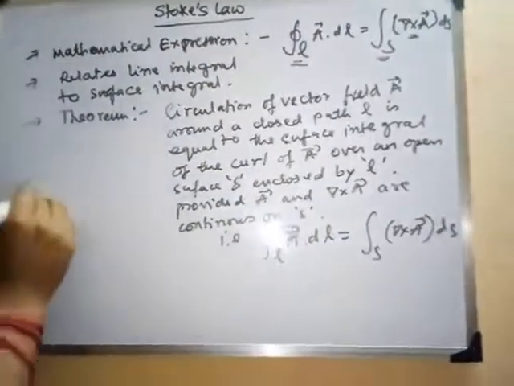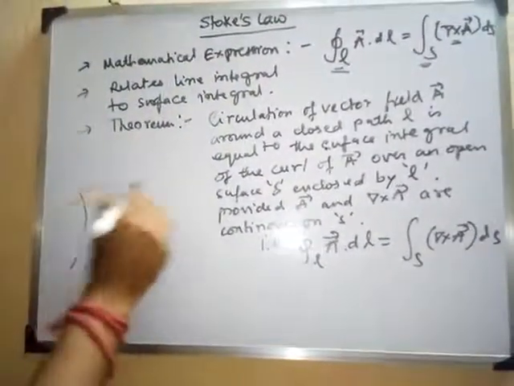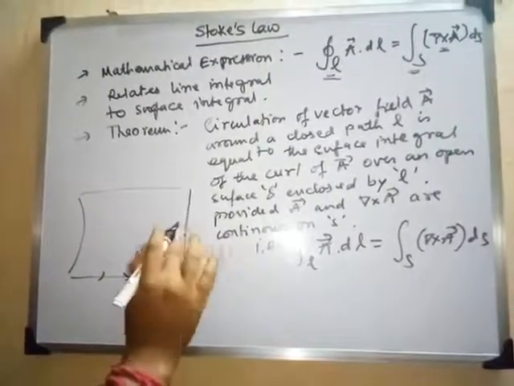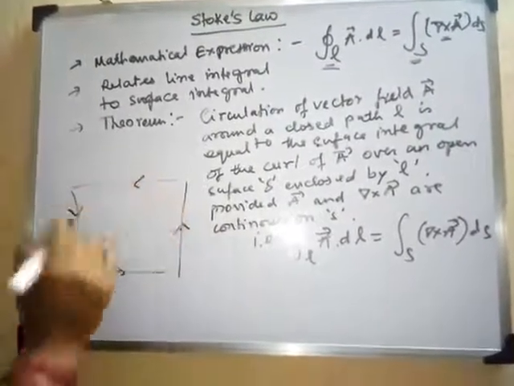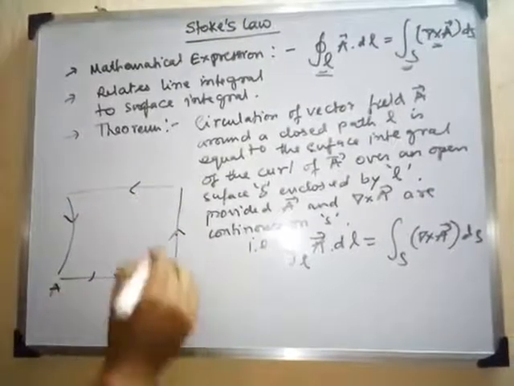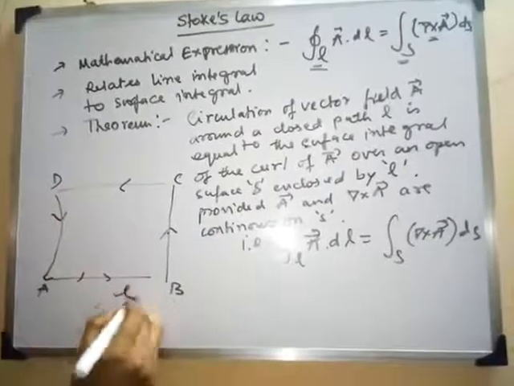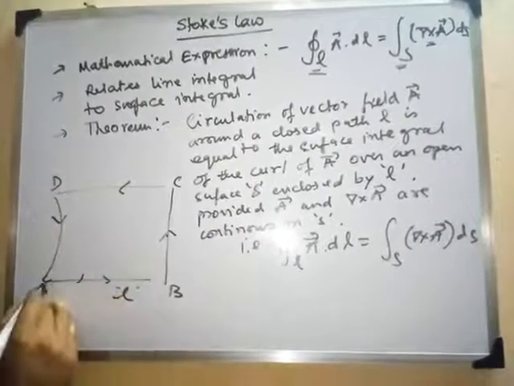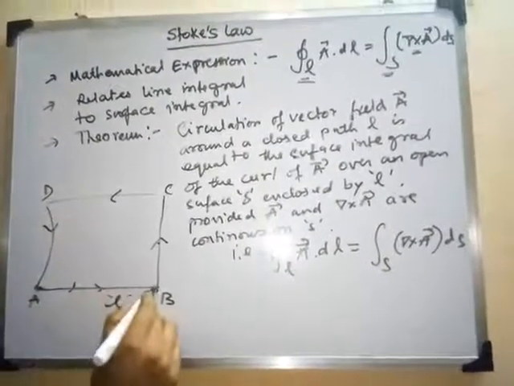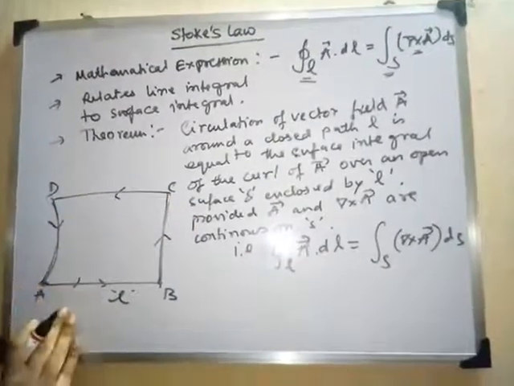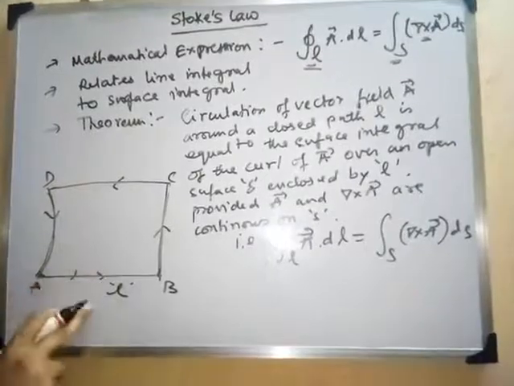We are simply drawing a figure like this. Suppose this is your point A, this is B, this is C, this is D. So our line or path L starts from the point A, comes to B, after that goes to C and then D, and again it is closed at A. That is, a closed line is being drawn.